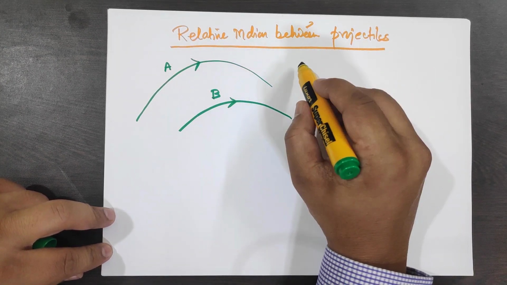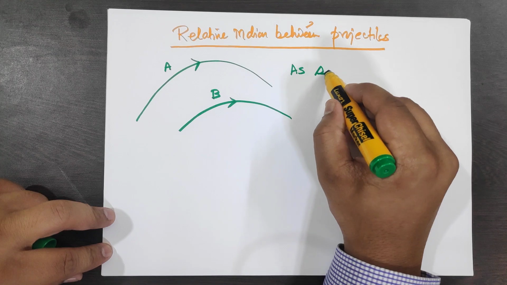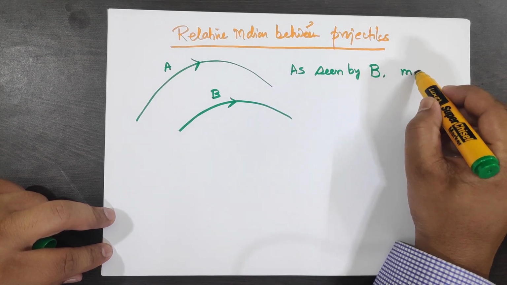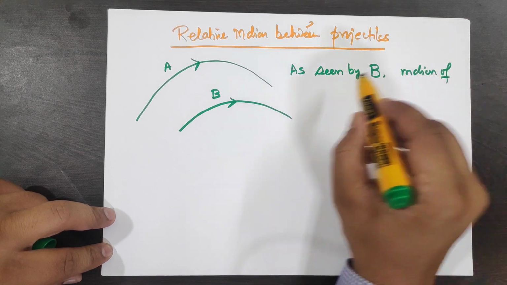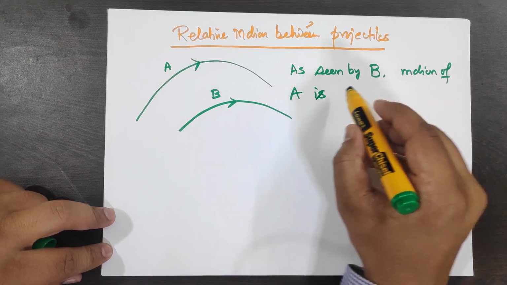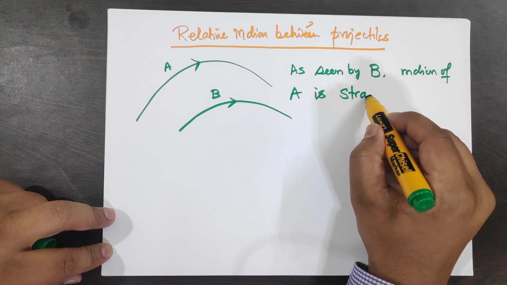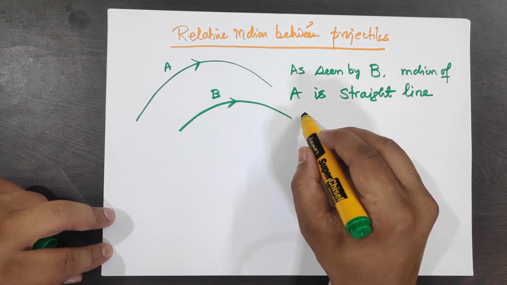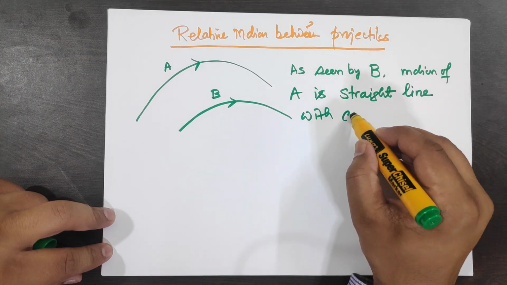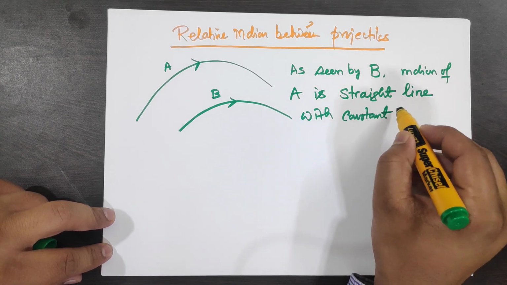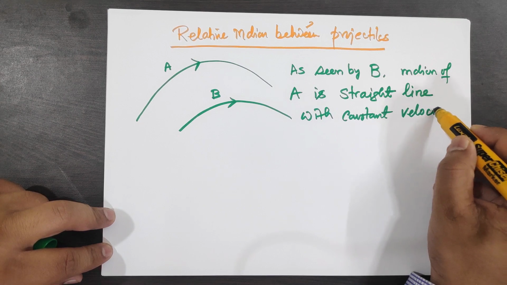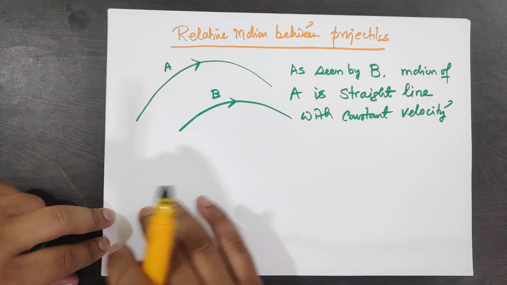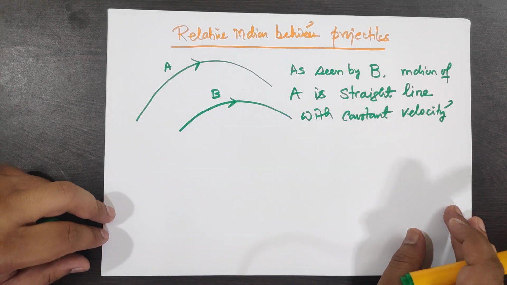So as seen by B, the motion of A is obviously a straight line. I will explain why it's a straight line. A straight line with constant velocity. Obviously constant velocity means it is straight line motion, I mean constant speed and a straight line as well.